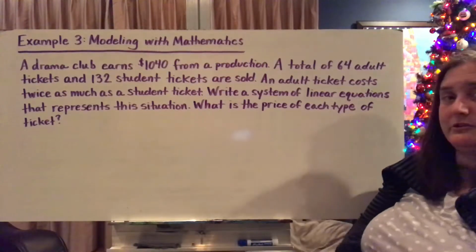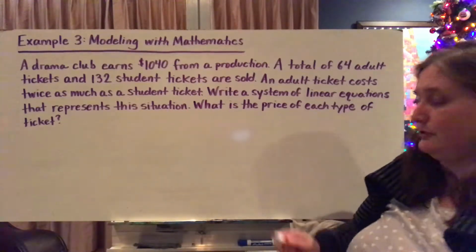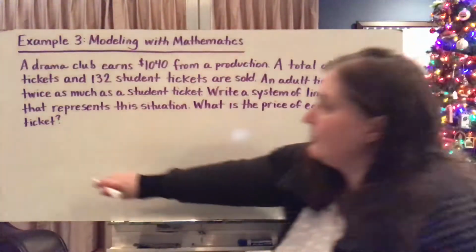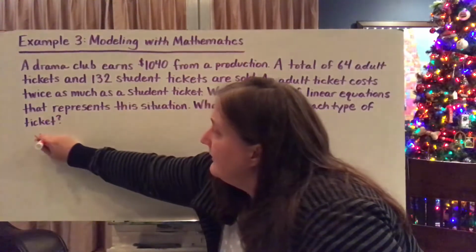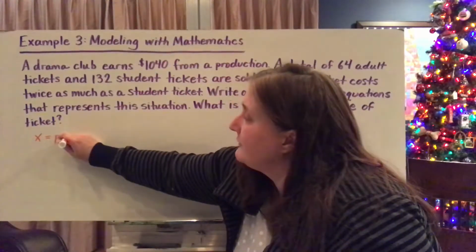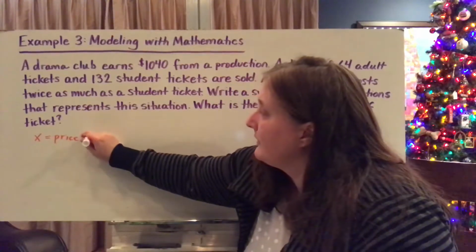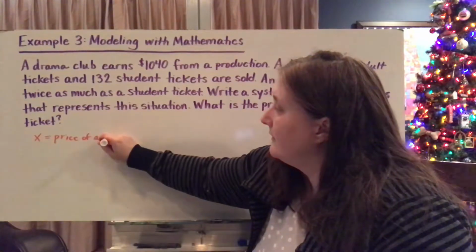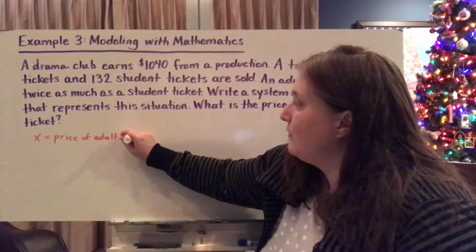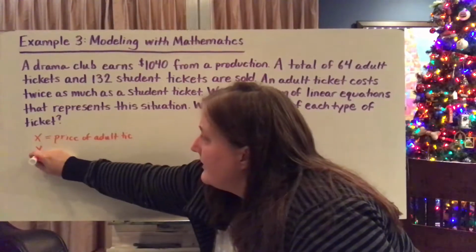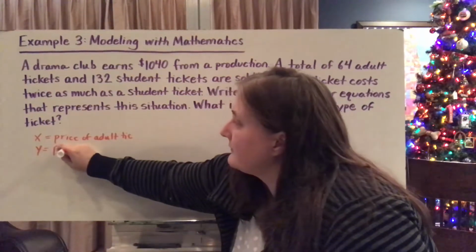So the first thing I'm going to do is assign variables to those 2 things I need to find. So x is going to be my price for an adult ticket, and y is going to be my price of a student ticket.